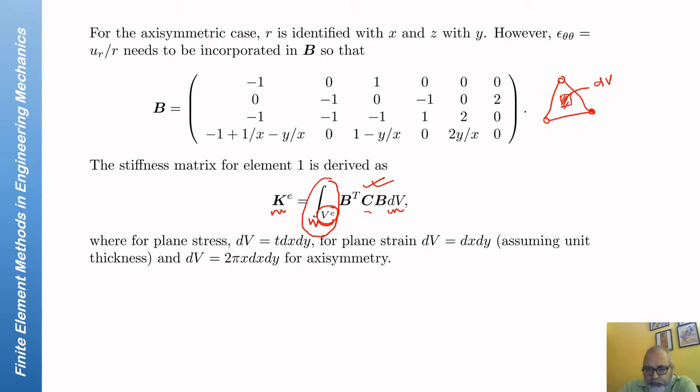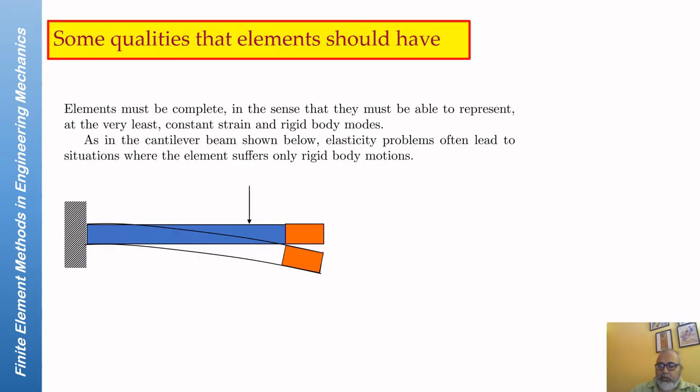But before that, let me take you through some of the basic important properties that a finite element that you design should have. So now we have seen that in case of the three-noded triangular element, we assume the displacements u and v for the 2D problem in the form a1 plus a2x plus a3y, and this as b1 plus b2x plus b3y.